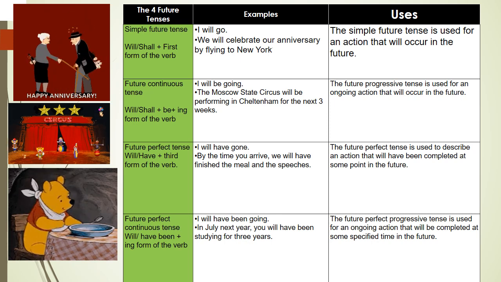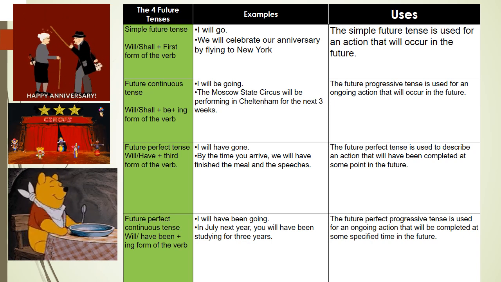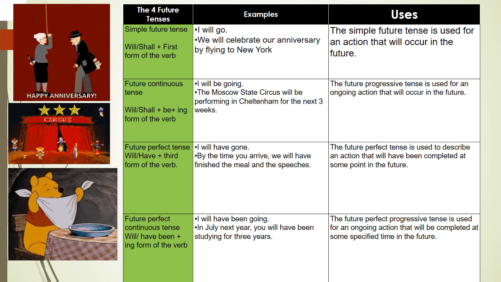Okay. So I will have been going, one sentence. The other says, in July next year, you will have been studying for 3 years.